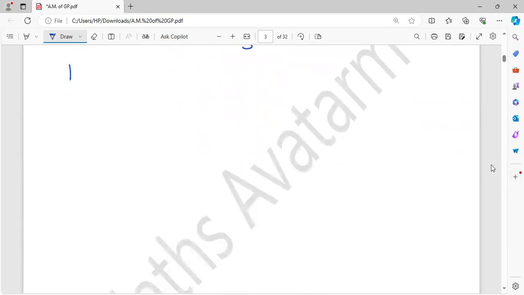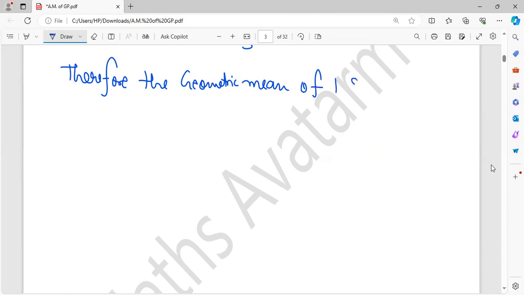Therefore, the geometric mean of 1 and 1 upon 9 is 1 upon 3. This is the answer.